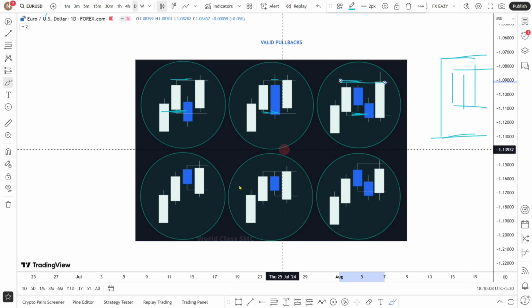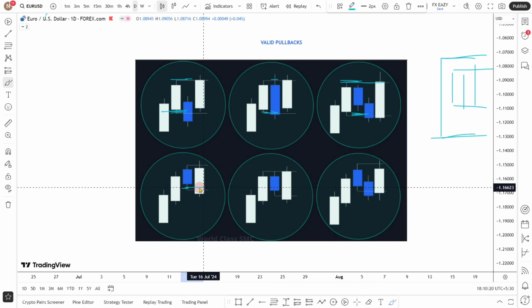then this is our valid pullback point. See, at this level I am showing you a one candle structure also. See what this single candle has done. This single candle has taken the previous candle liquidity. See, it is not important that your candle should be green or red only.